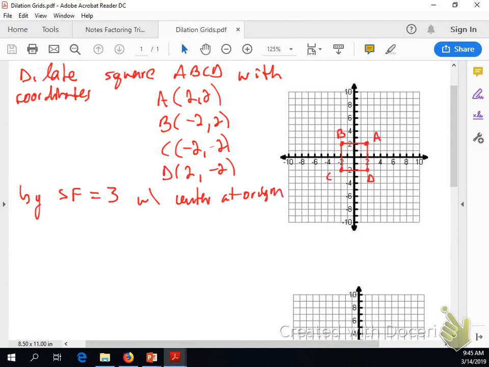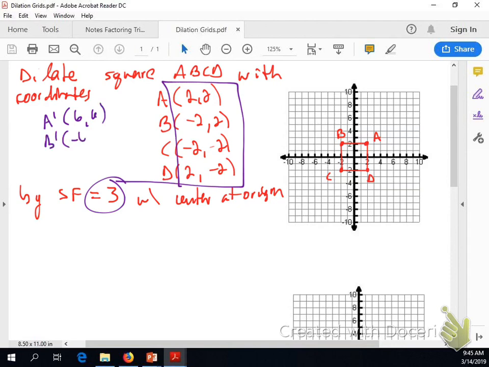Okay? And if that's the case, if we're going to dilate with a scale factor of 3 with a center at the origin, then all we have to do is take the scale factor and multiply it into the coordinates for our points here. Right? That's how we predictably figure out where our prime points will be.